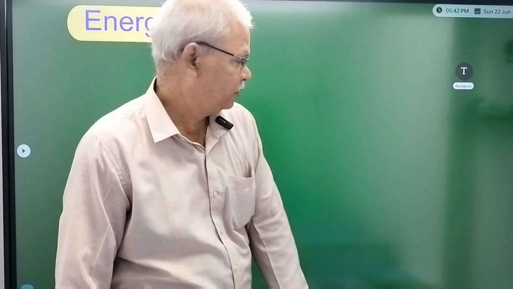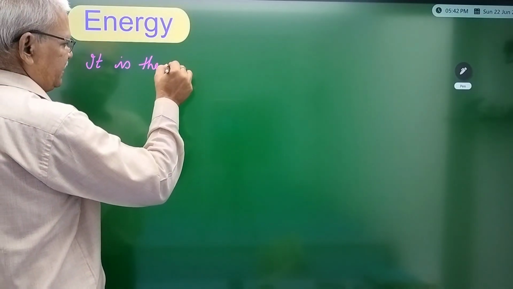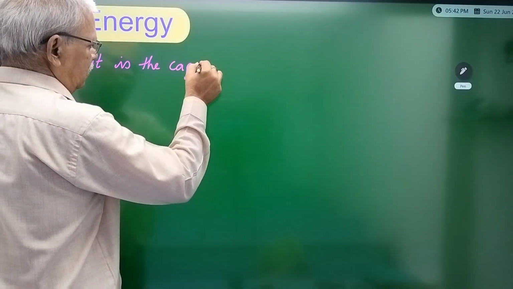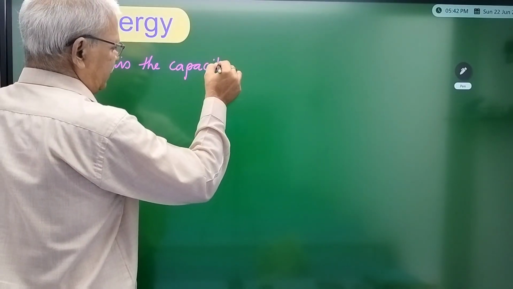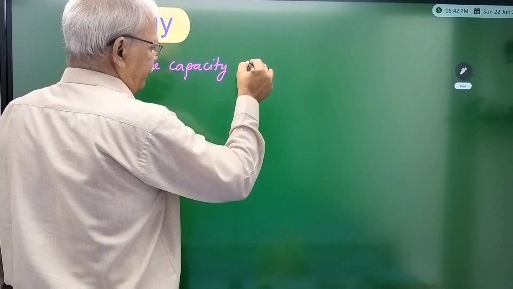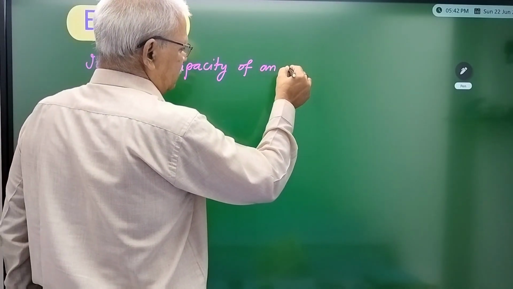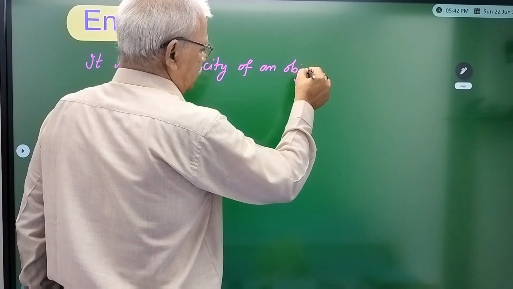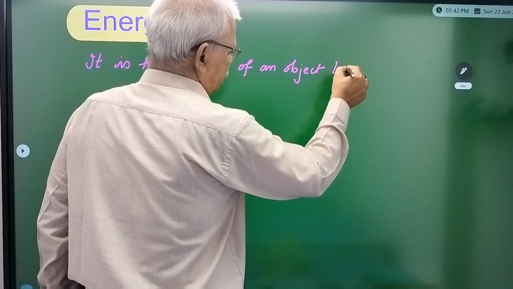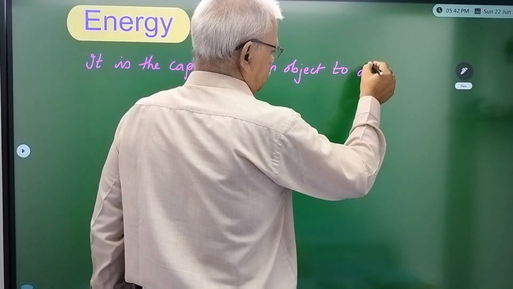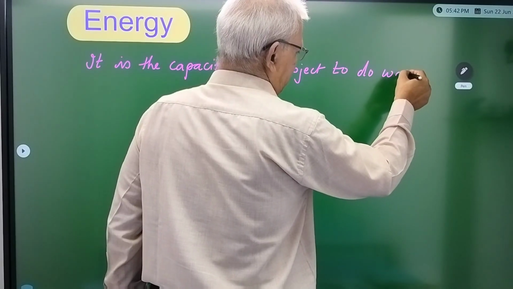First, it is defined as the capacity of an object to do work.